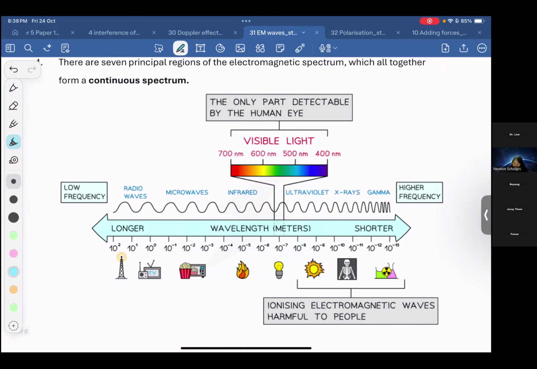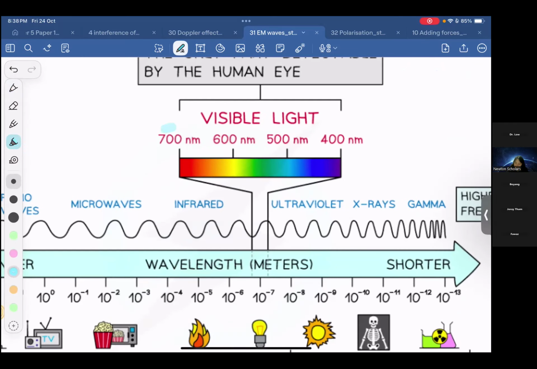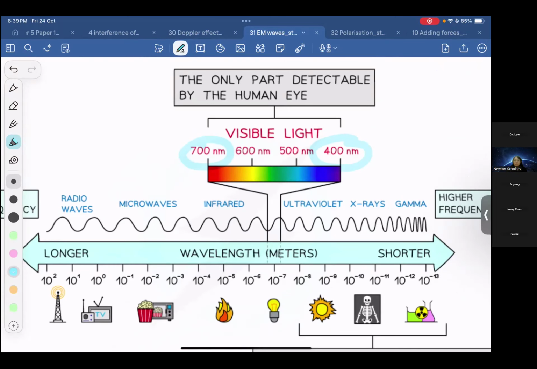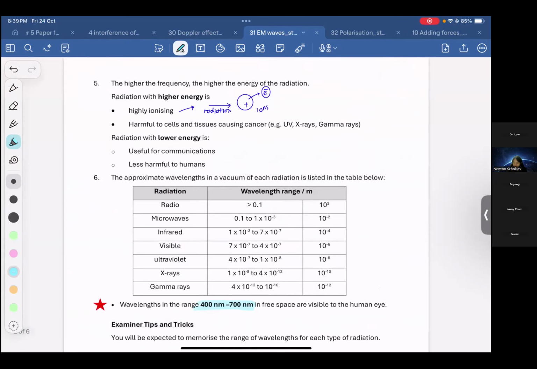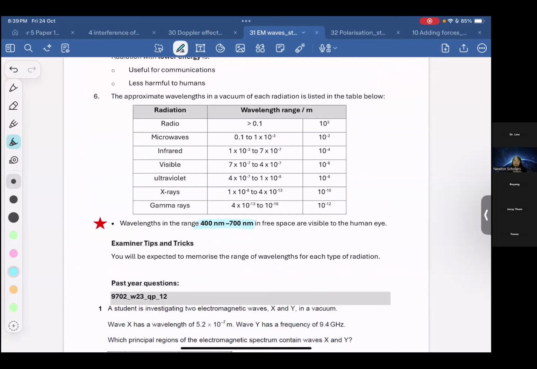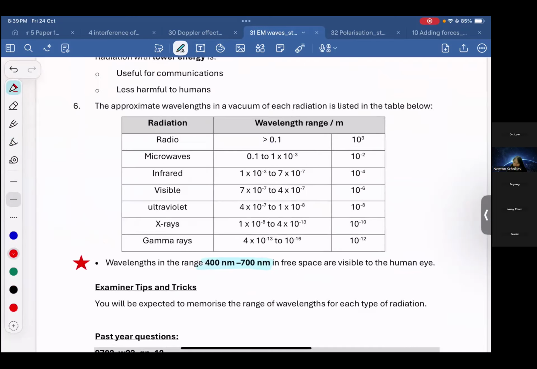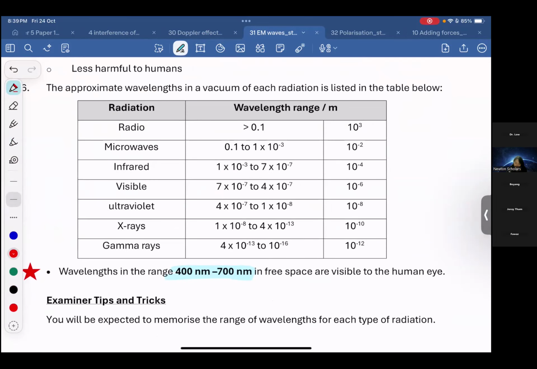What is their range? 400 nanometers to 700 nanometers. This is the rough range for the wavelength. You also need to know that it is the difficult and challenging part in our A level for this subtopic.